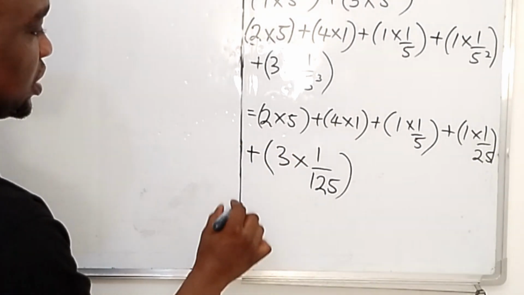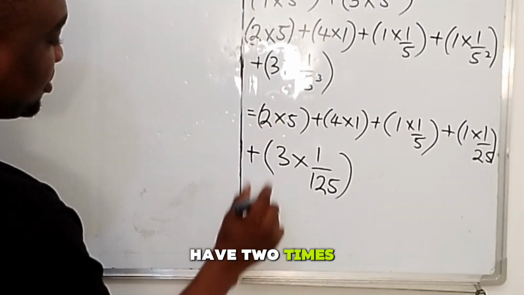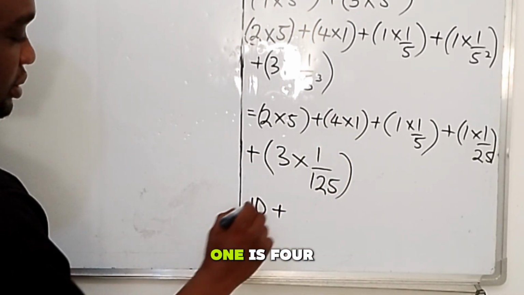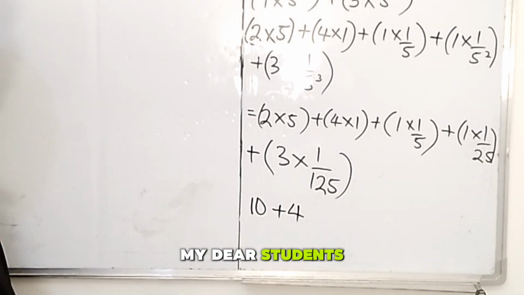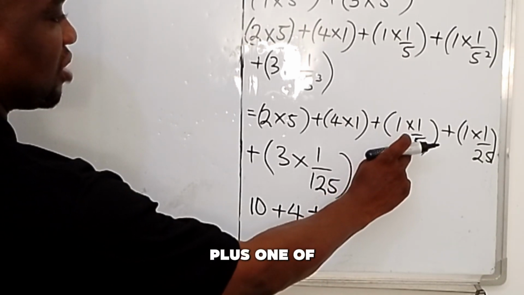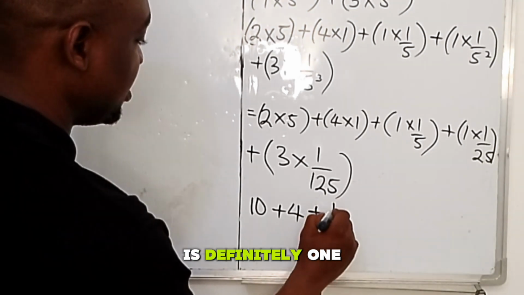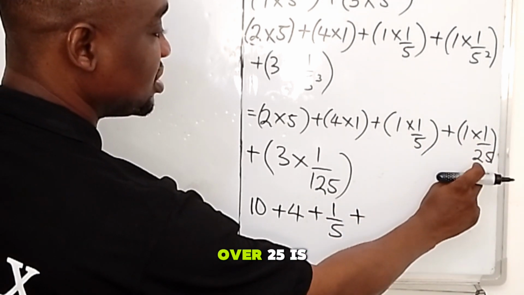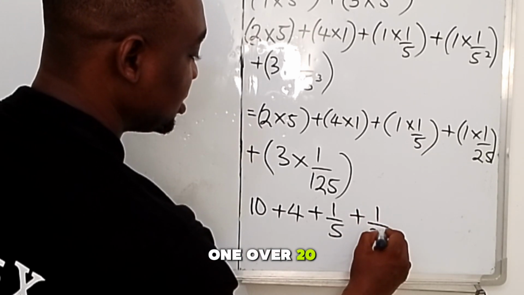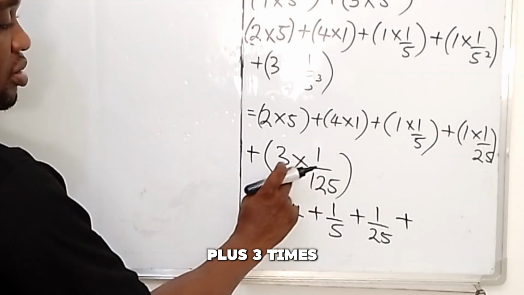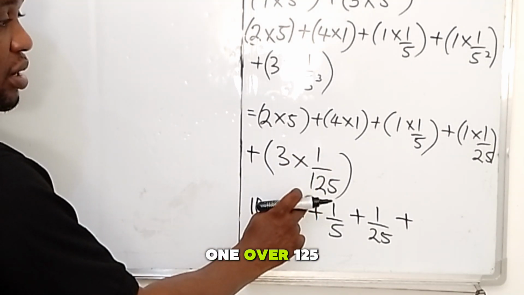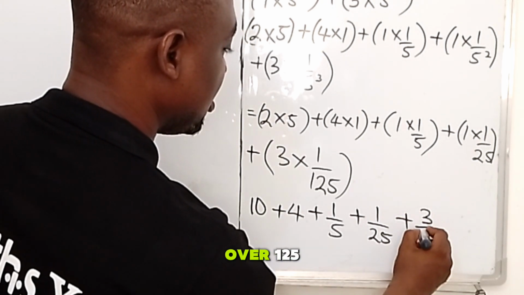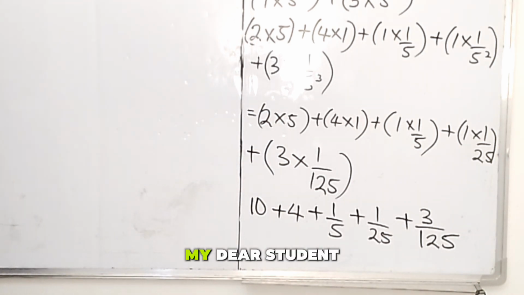So here, let's open it up now. We have 2 times 5, that is 10, my dear students and viewers, plus 4 times 1 is 4, plus 1 over 5 times 1 is definitely 1 over 5. 1 times 1 over 25 is 1 over 25, plus 3 times 1 over 125 will be 3 over 125, my dear students and viewers.